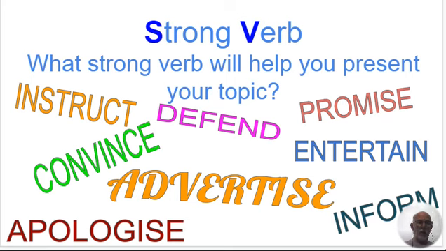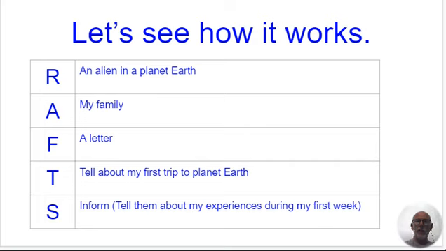So let's see how we can now put our RAFTS together. Let's see how it works. So for my role, let's imagine I'm an alien on a planet like Earth. And my audience is my family.